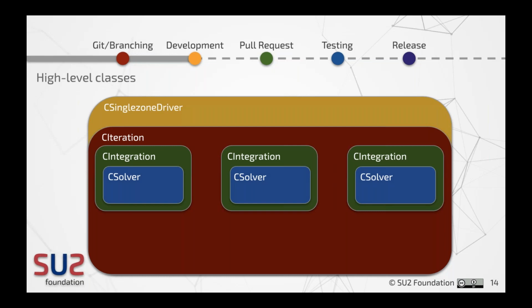They set up the residual vector for the finite volume discretization, and they solve the linear system if we have, for example, an implicit method. Then in the iteration class, we also have the COutput class, which handles the writing of the history to the screen or file and handles all the solution output.